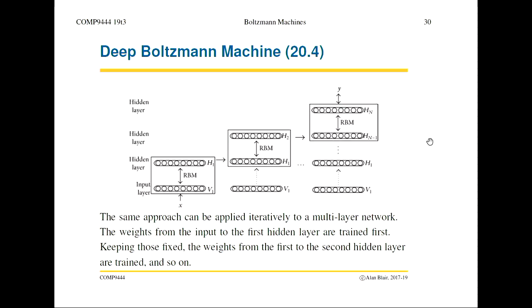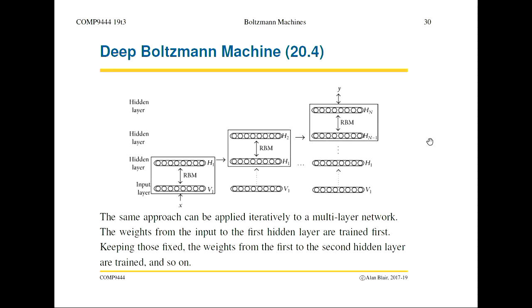Okay. Then you can have a deep Boltzmann machine. Again, this work in a way is kind of outdated or superseded, but this was what was going on in Toronto in the period around 2008 or so, the early 2000s. So you would use a restricted Boltzmann machine.